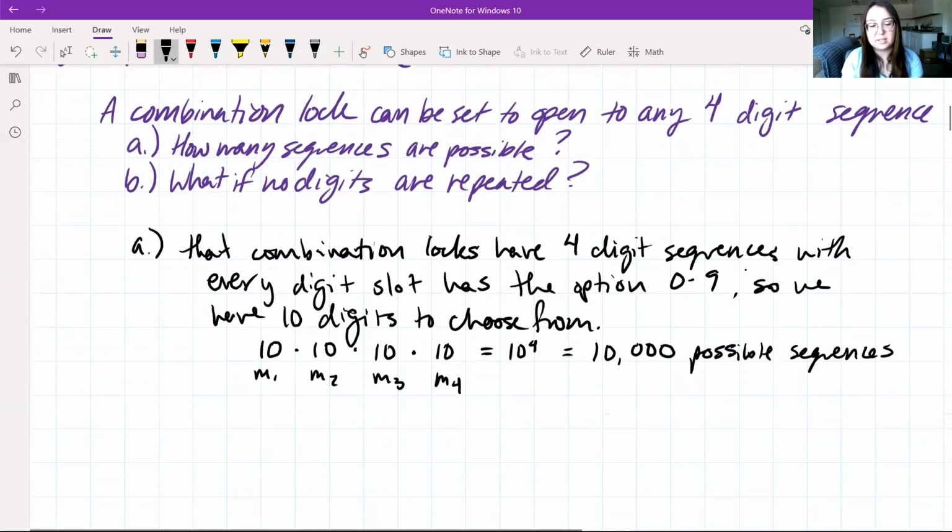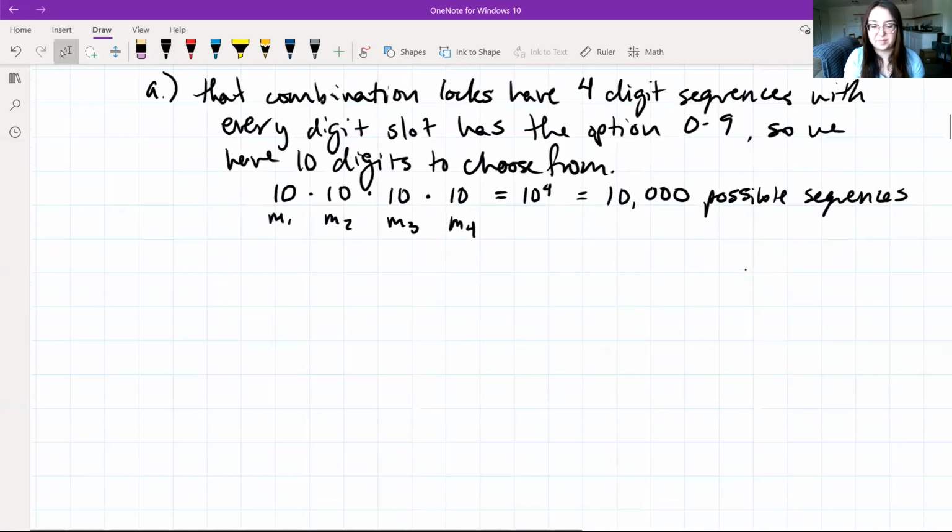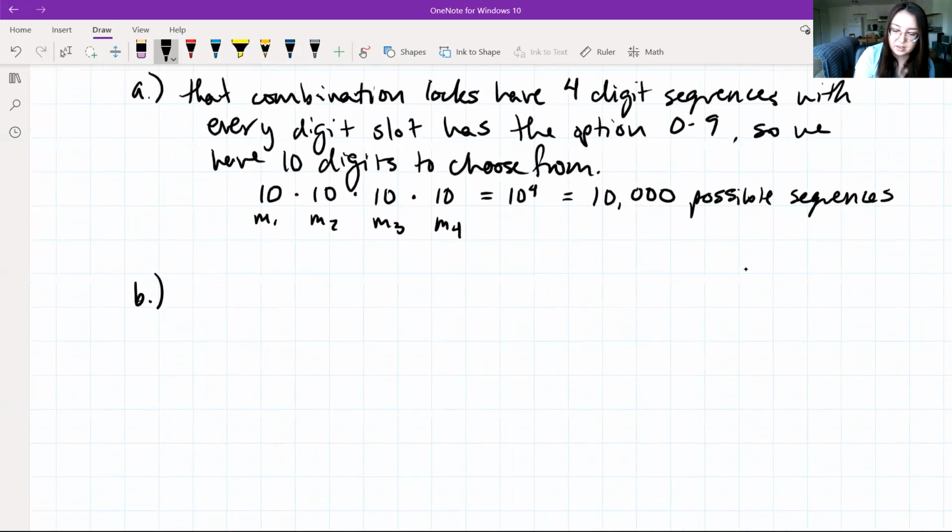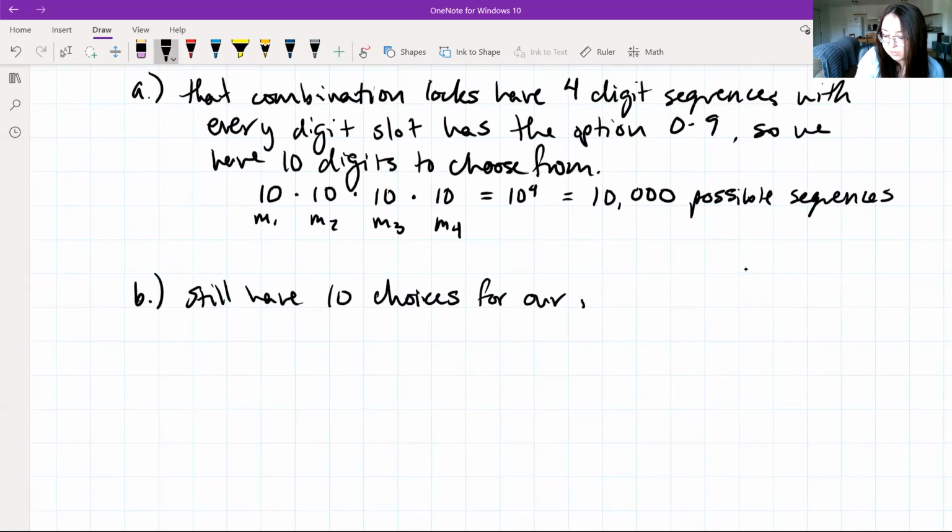Now for part B, we ask, what if no digits are repeated? We still have all the same concepts as in part A. It's a 4-digit sequence, every digit slot has the option of 0 through 9, and we have 10 digits to choose from in each case. So we still have 10 choices for our first slot.